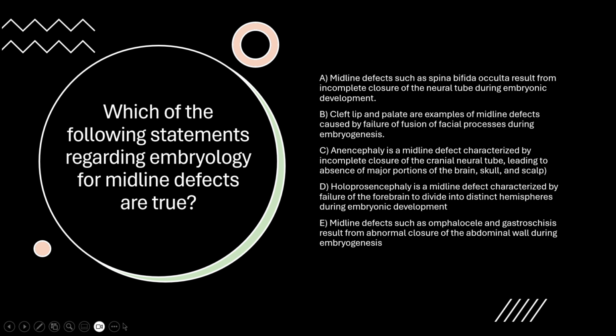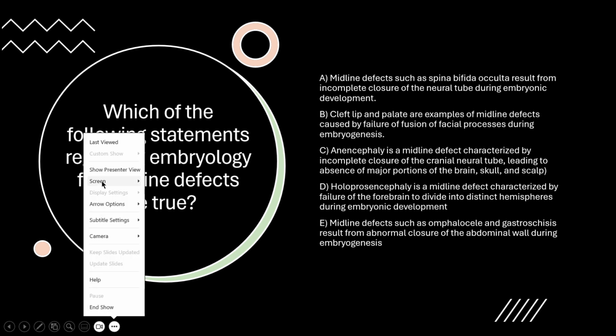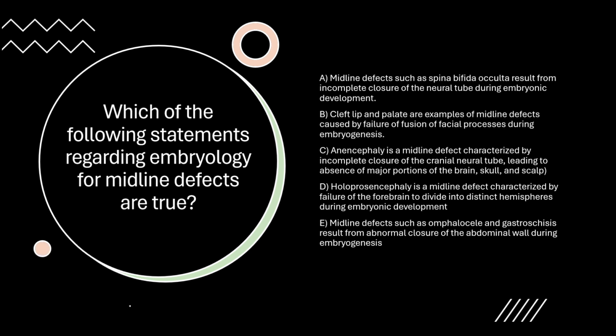Now, I'll use the pen. So midline defects. As you know, there's the embryo, and the embryo has its right and left side. If you can remember, there's the primitive streak which happens in the midline.